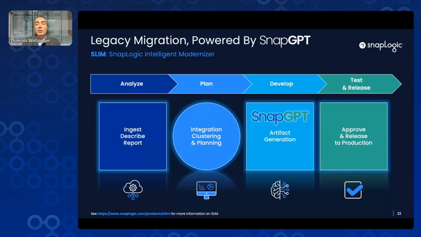And so you cluster out those fragments of functionality so that you can properly replicate the goal, the business goal that you inferred by analyzing the existing integrations, but not the way that the original legacy platform went around it. And that's when you can use SnapGPT to generate a new SnapLogic pipeline that does the same thing, but in a way that is more suited to today's environment and its requirements and the capabilities that we have available to us.